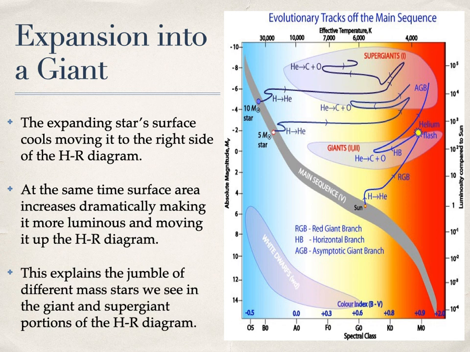What that explained to Hertzsprung and Russell was that all these weird groups off the main sequence, these white dwarfs, giants, and supergiants, it explained how they got to where they are.